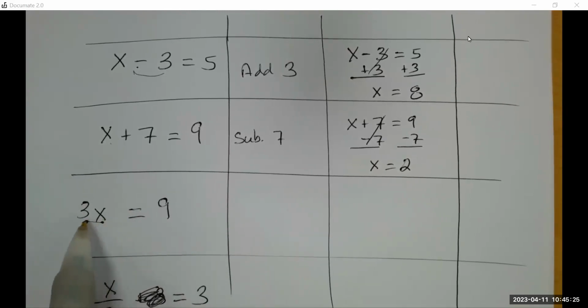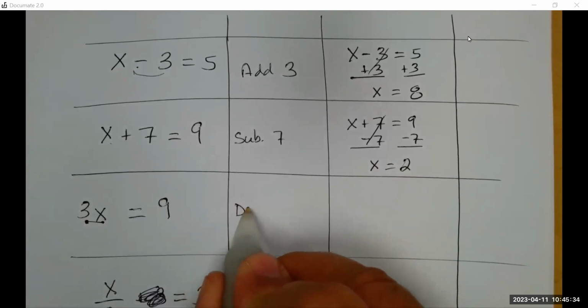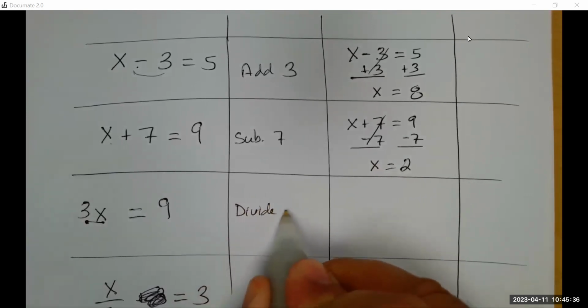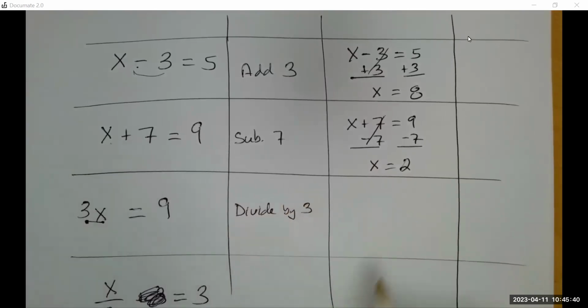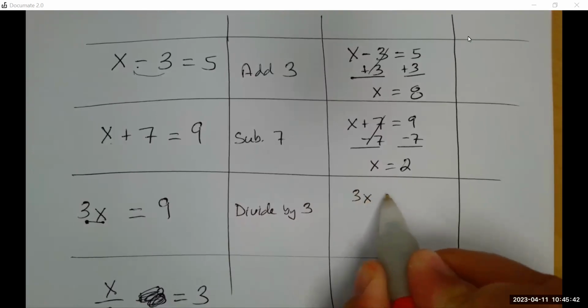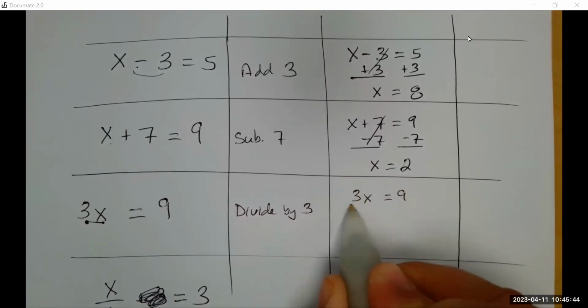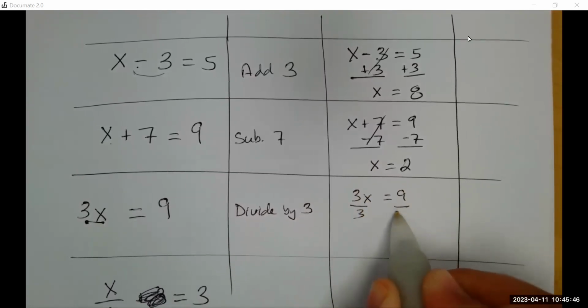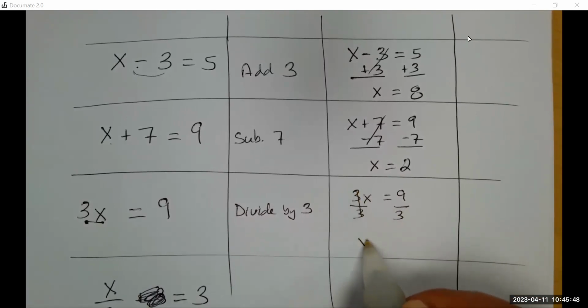But if you have something multiplied to x, how do you get rid of that? How do you get rid of the coefficient? Divide by the coefficient, which is 3. So 3x equals 9. I have to get rid of the 3, so I divide by 3, both sides.